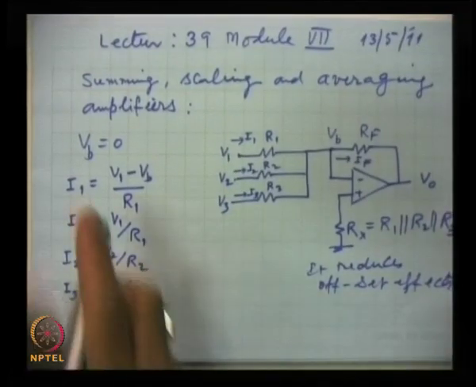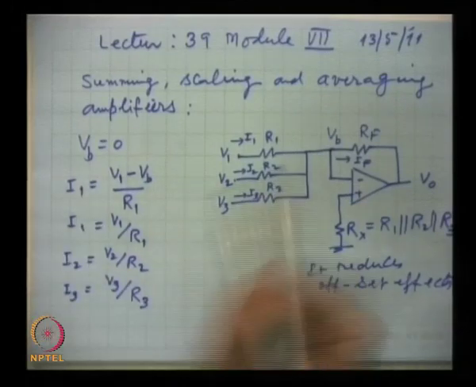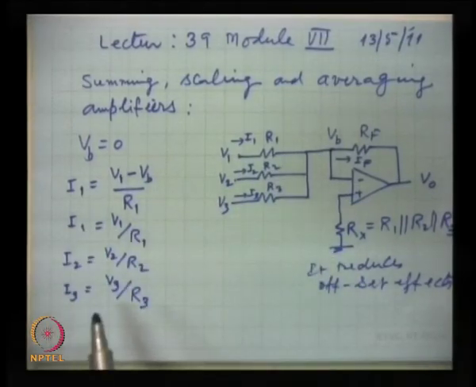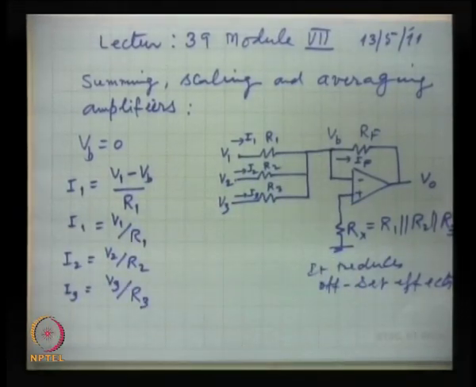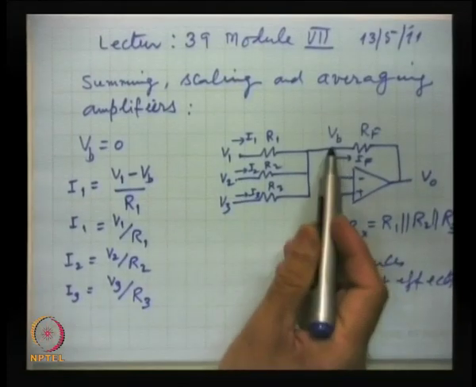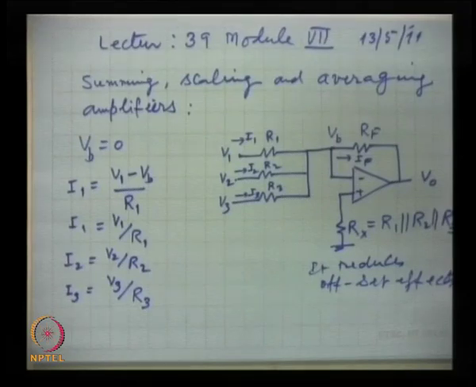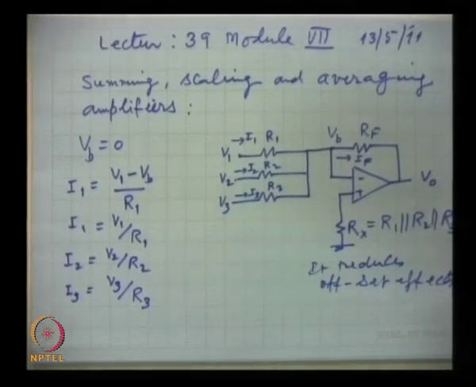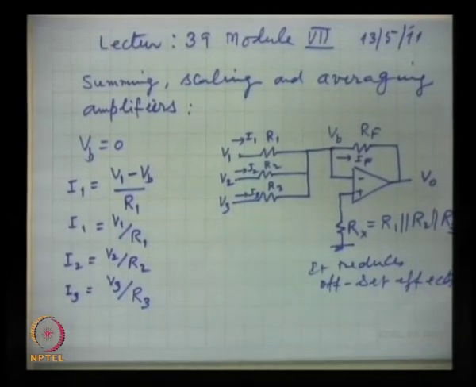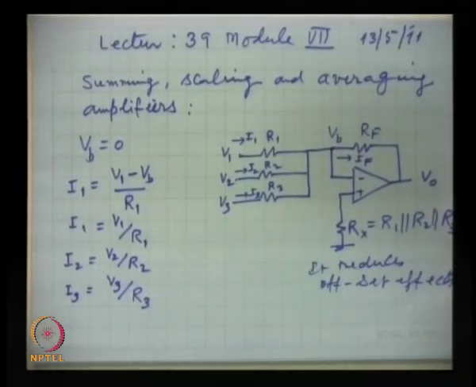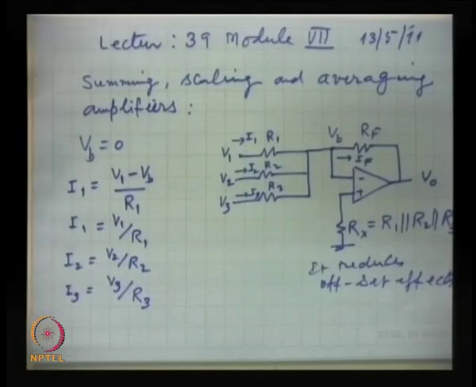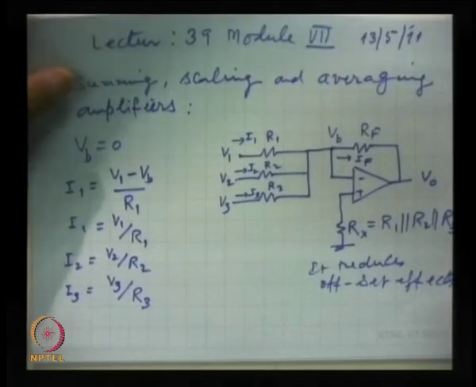And now we are seeing that the whole expression gets simplified by this concept of virtual ground, and that is why emphasis was given to this point that the inverting input is a virtual ground.